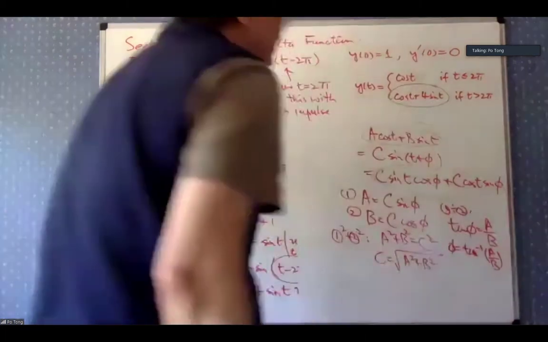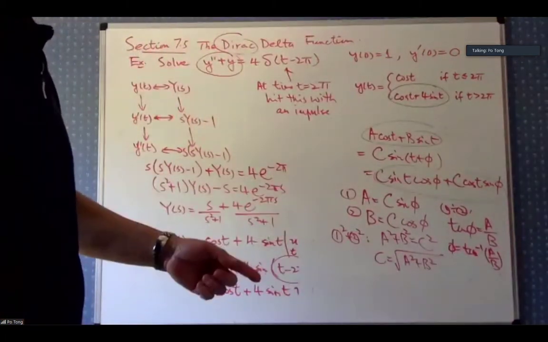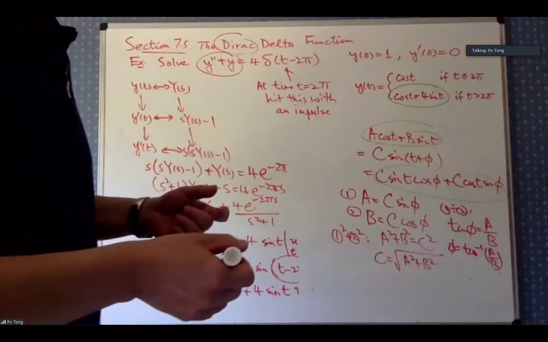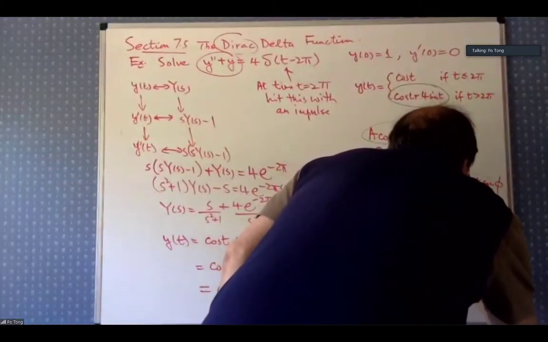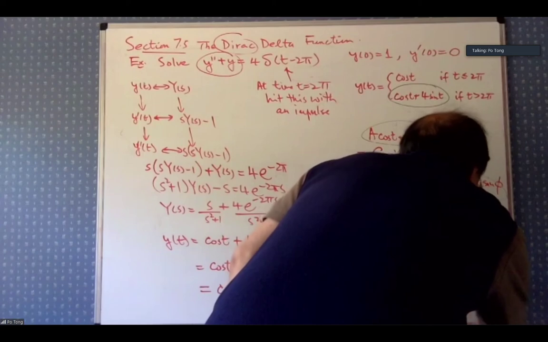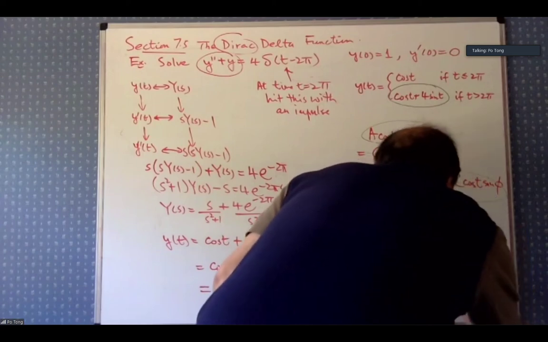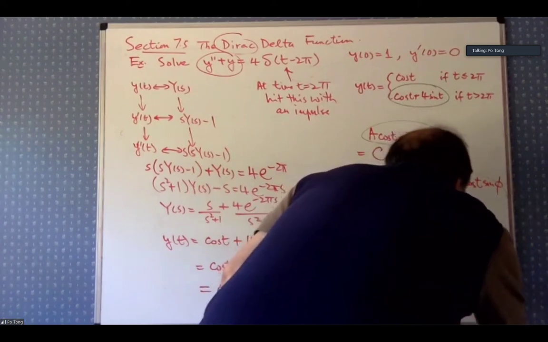But sometimes this is not in the correct quadrant, and you have to adjust it, so it's equal to either this one or this one.